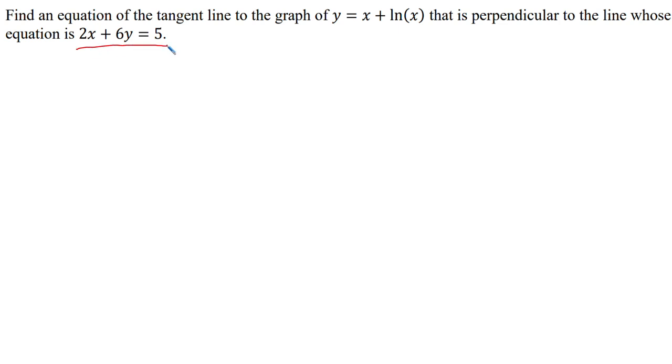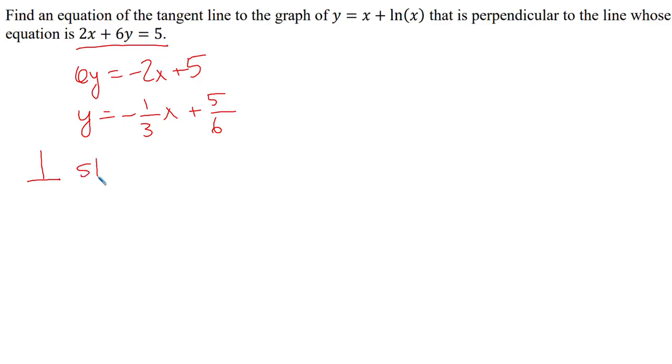We can put that into slope-intercept form, where 6y is equal to negative 2x plus 5, or y is equal to negative 1/3 x plus 5/6. And the line perpendicular to that would have slope m equal to positive 3. We take the opposite reciprocal.